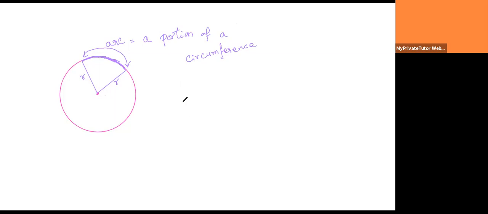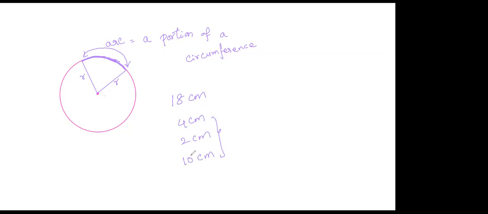For example, if the circumference is 18 centimeters, just an example, that arc can be 4 centimeters, 2 centimeters, or 10 centimeters. It doesn't matter. Any portion of the circumference is an arc, so it depends on the length of the arc.